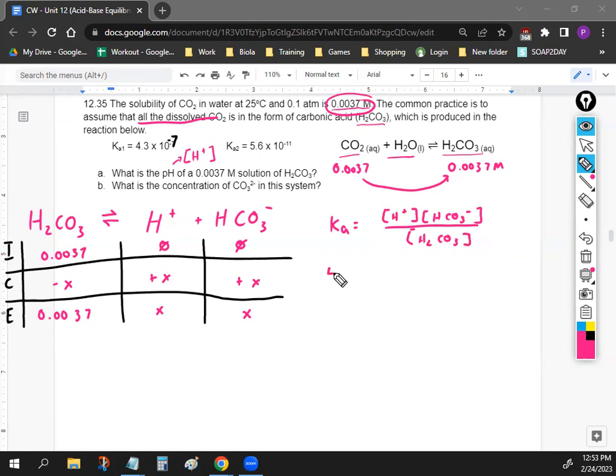We're going to plug in 4.3 times 10 to the -7 for Ka. For the top, we're going to do x squared, because it's going to be x times x. And on the bottom, oops, I forgot to put this here, the bottom is going to be 0.0037 minus x. So far so good, guys? Now, unfortunately, it looks like this is going to form a quadratic.